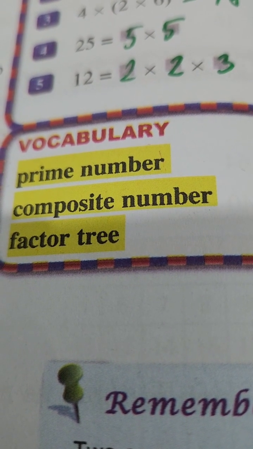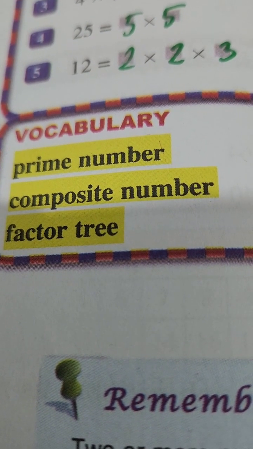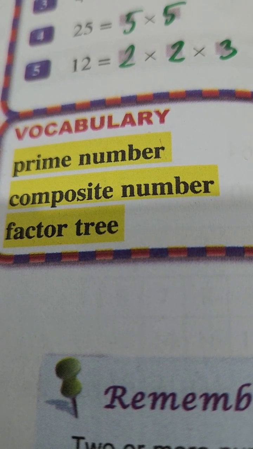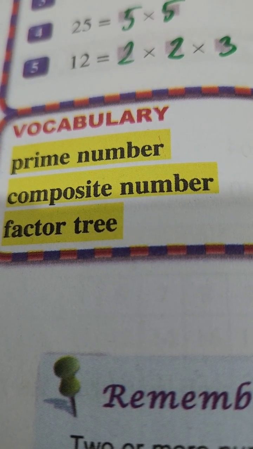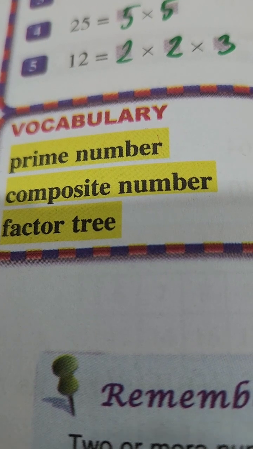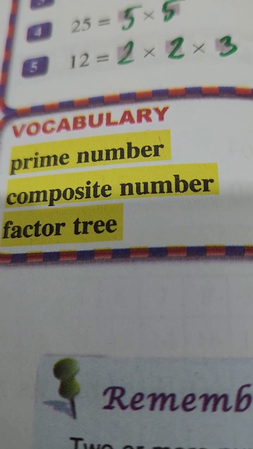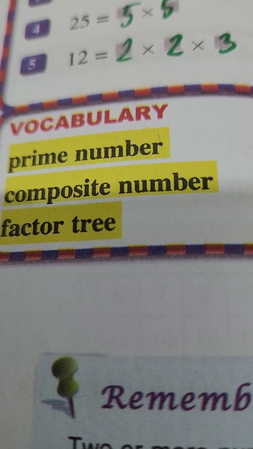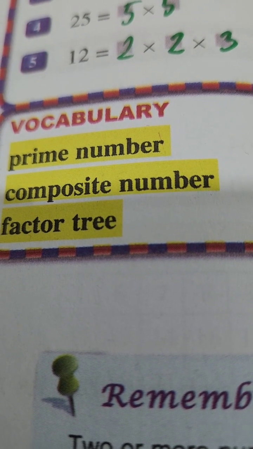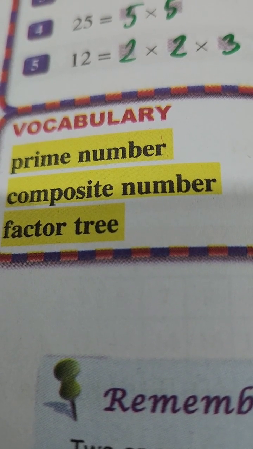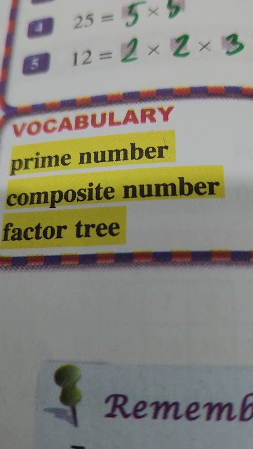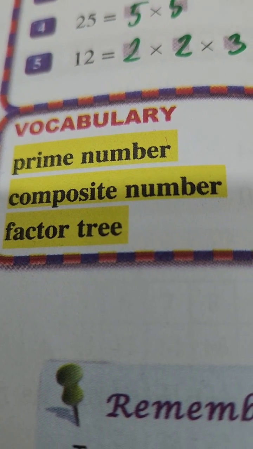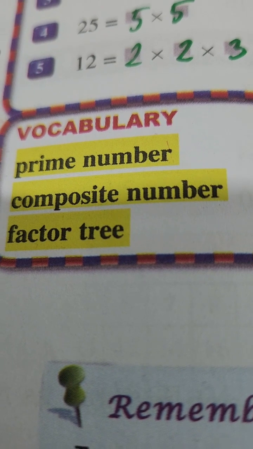So a prime number is a natural number, and this number is greater than 1. This number has exactly 2 distinct positive divisors, 1 and itself. So in other words, it can only be divided by 1 and the number itself without leaving a remainder. So what will be an example for a prime number?